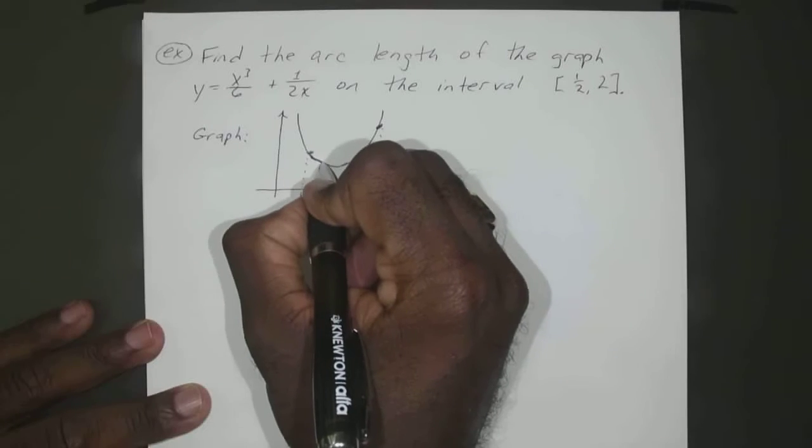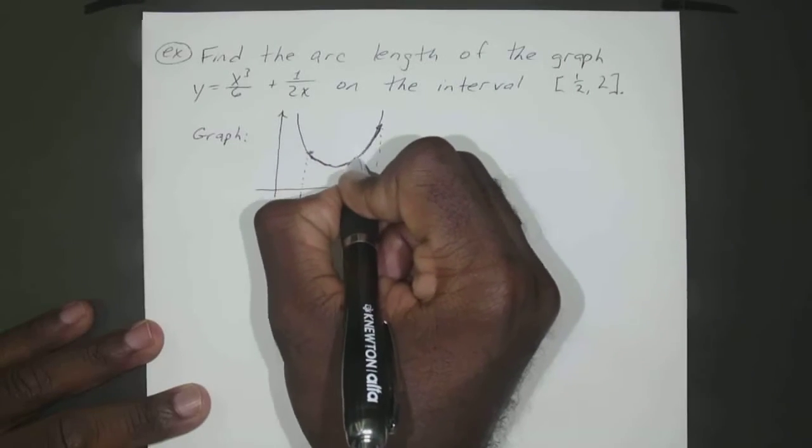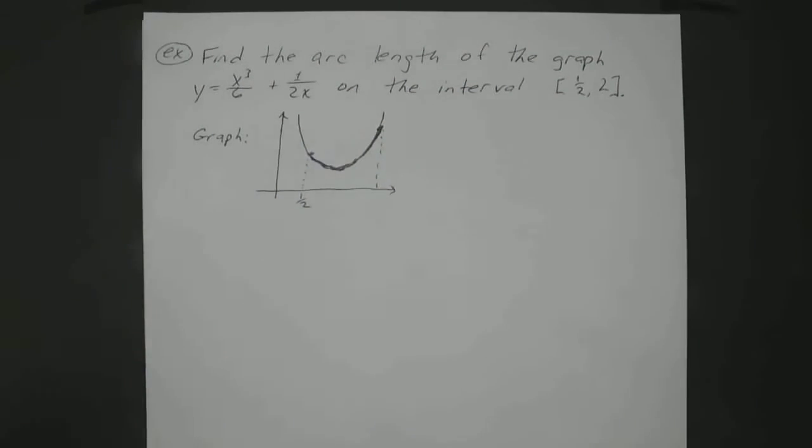So we just want to know the length between those 2 points. What is the function? X to the third power over 6 plus 1 over 2x.